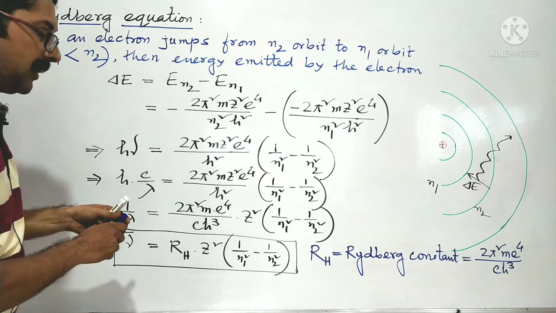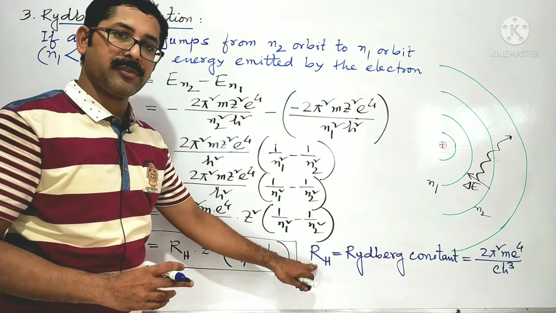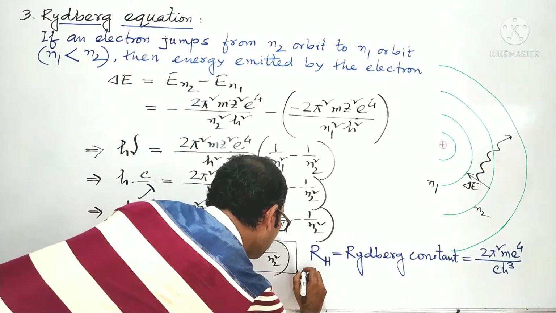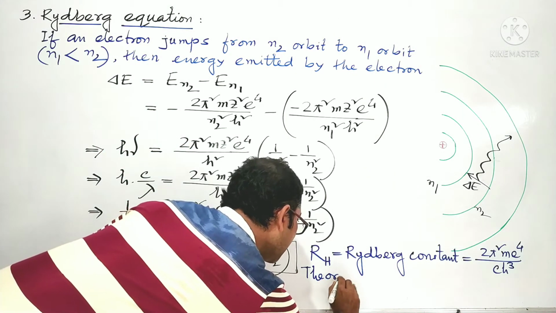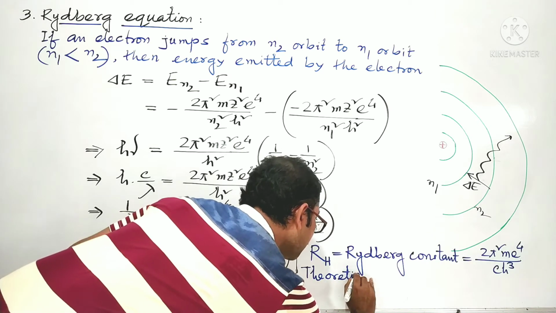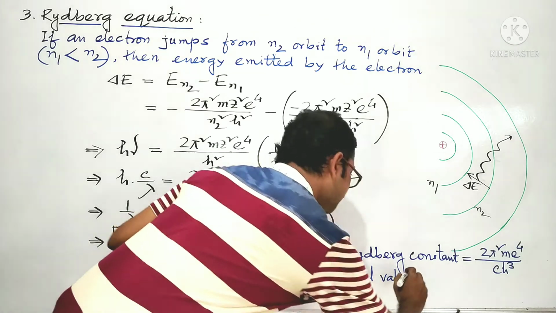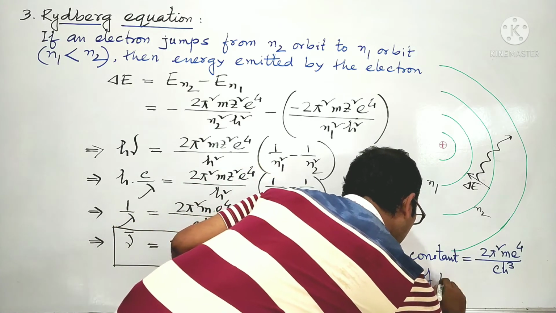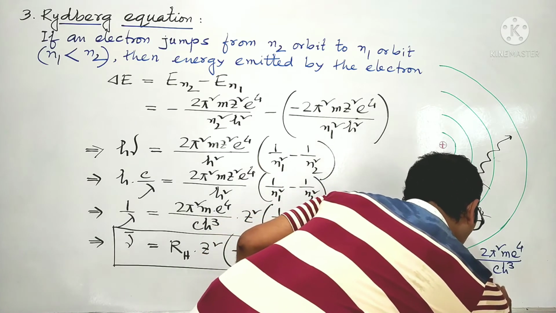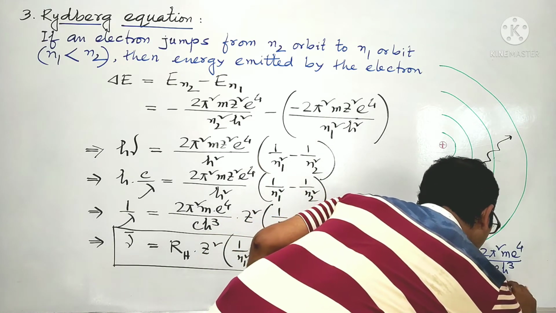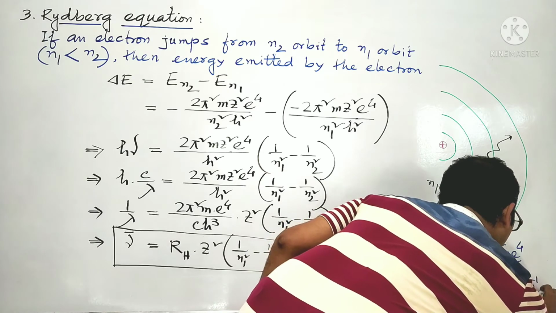So it will be the theoretical value of the Rydberg constant RH. Its theoretical value is equal to 109737 centimeter inverse.